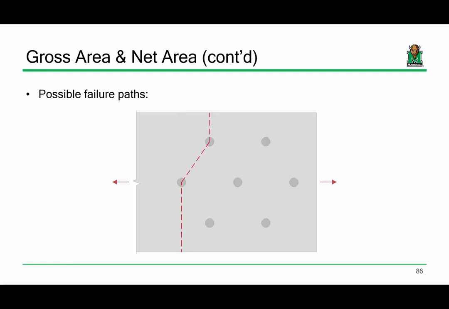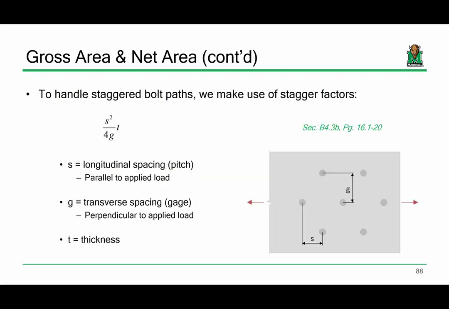This one, you would add one stagger factor. This one, you would add two. Okay? Is everybody okay with that? So you add one for every diagonal path from one bolt to another. Okay? So S, G, and then the thickness. If you actually open up the code, it only specifies the S squared over 4G, but the code states that's just for the path. You have to multiply times the thickness to get the area, hence why the thickness is included here.